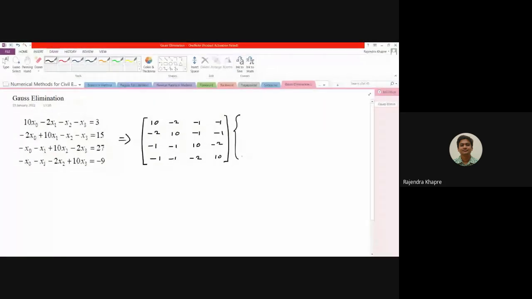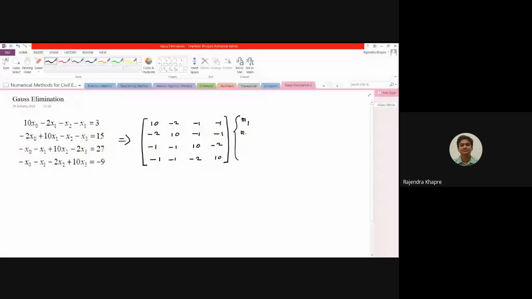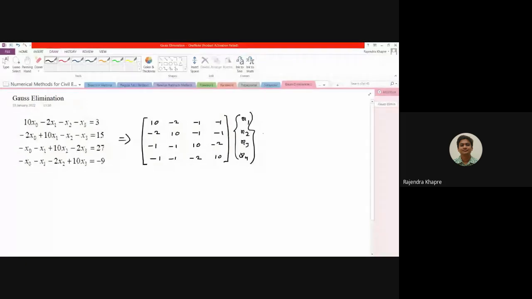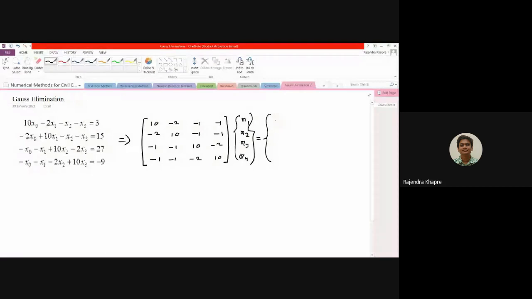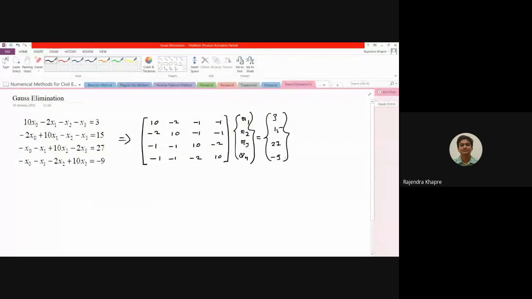This will be multiplied by the unknown vector, that is x1, x2, x3, and x4. And this will be equal to 3, 15, 27, and minus 9.